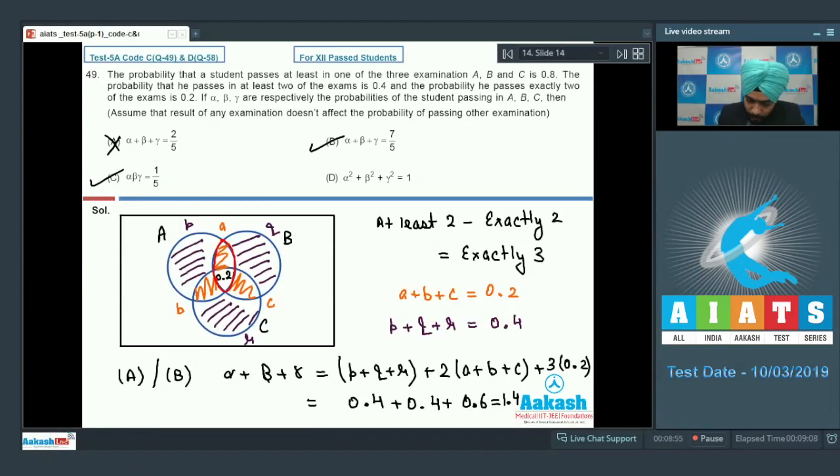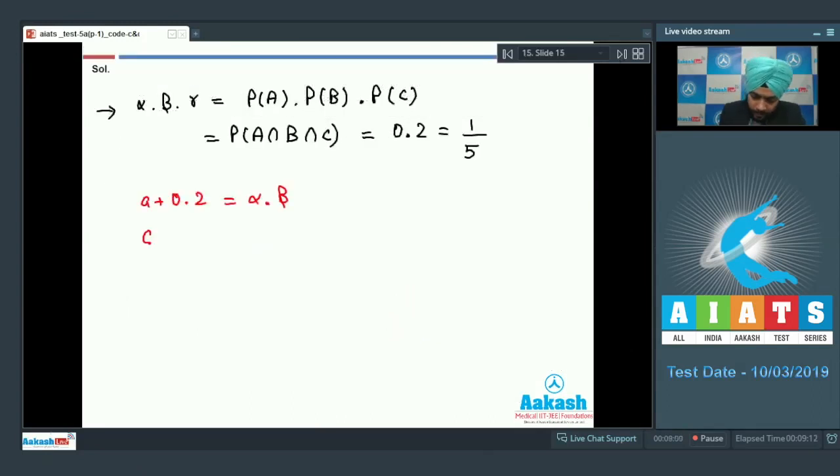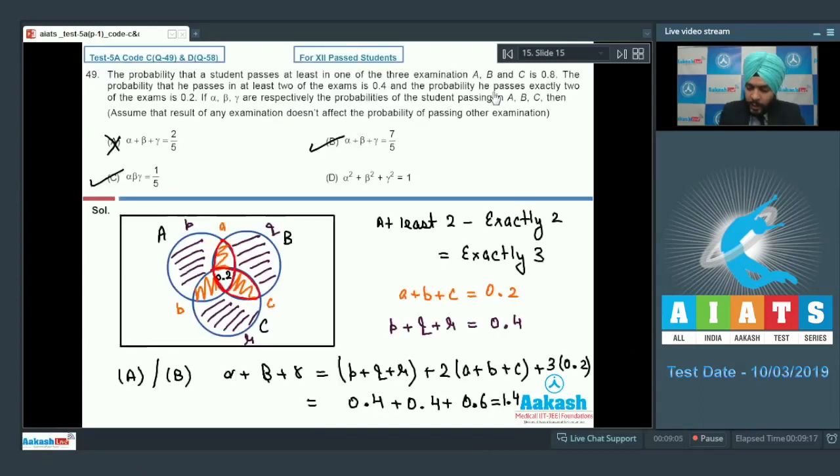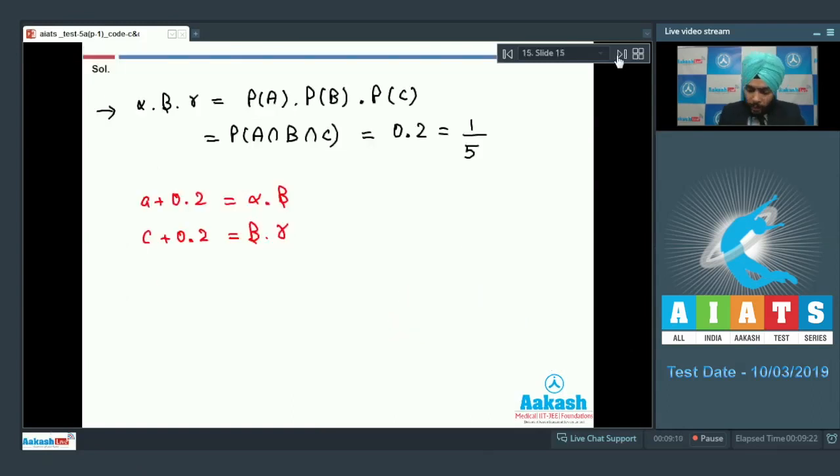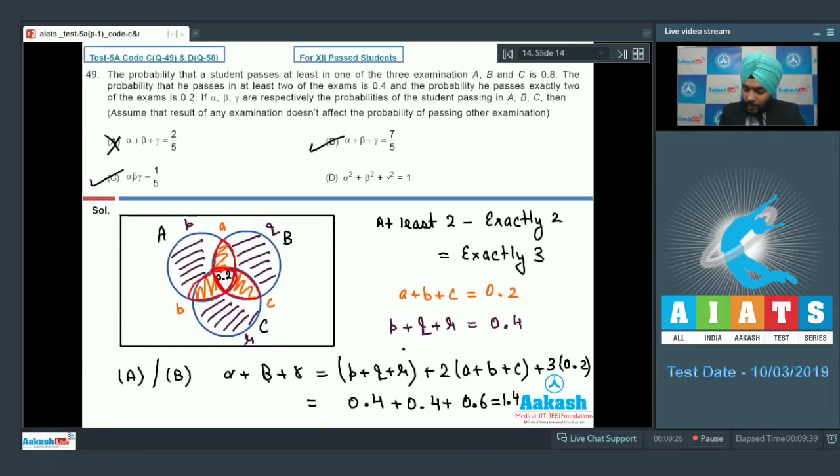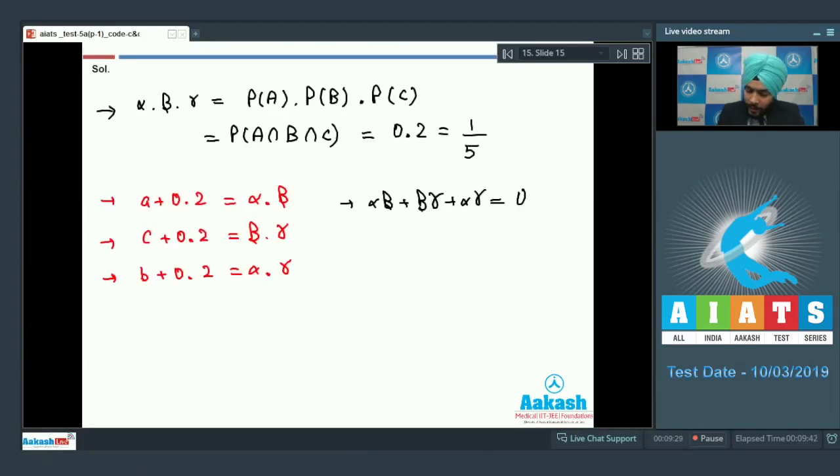Similarly, this probability c plus 0.2 is beta into gamma, probability of B into probability of C, and this probability b plus 0.2 is probability of A into probability of C. That is by the result of independent events. So what we get here? We get alpha beta plus beta gamma plus alpha gamma equals a plus b plus c. What is the value of a plus b plus c? 0.2 plus 0.6. So 0.8.